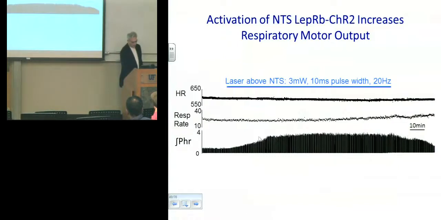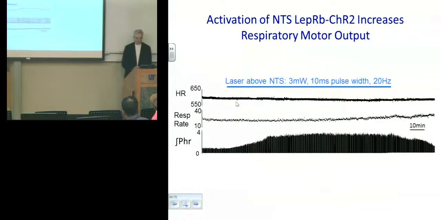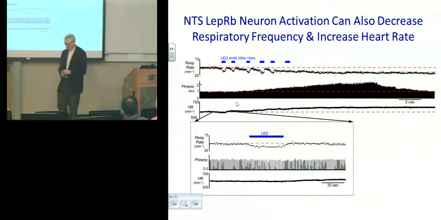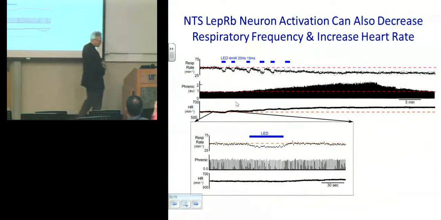And almost all of it is related to an increase in tidal volume, with relatively little change in respiratory rate, and for that matter, little change in heart rate. Even though leptin receptors in the NTS have been linked to increases in arterial pressure, sympathetic outflow, and increases in heart rate. But we didn't see it.